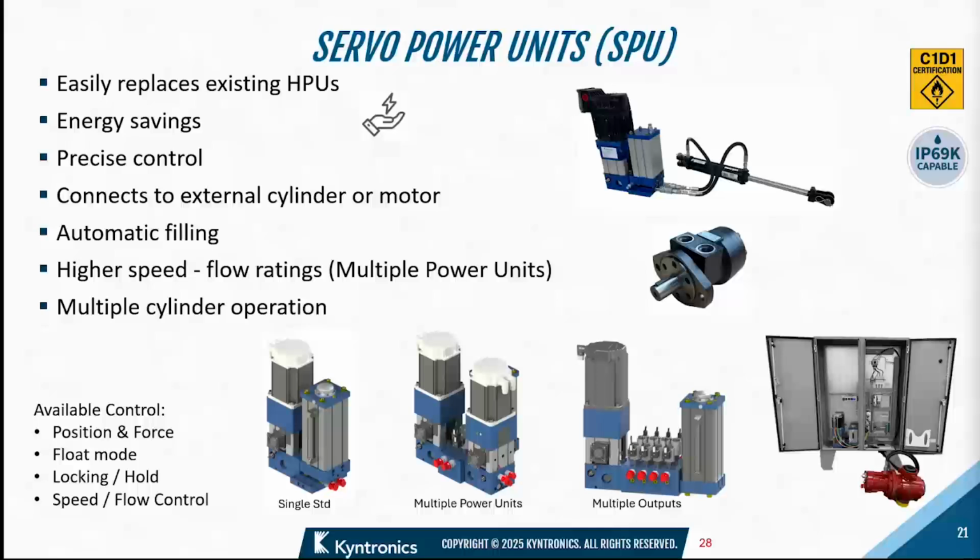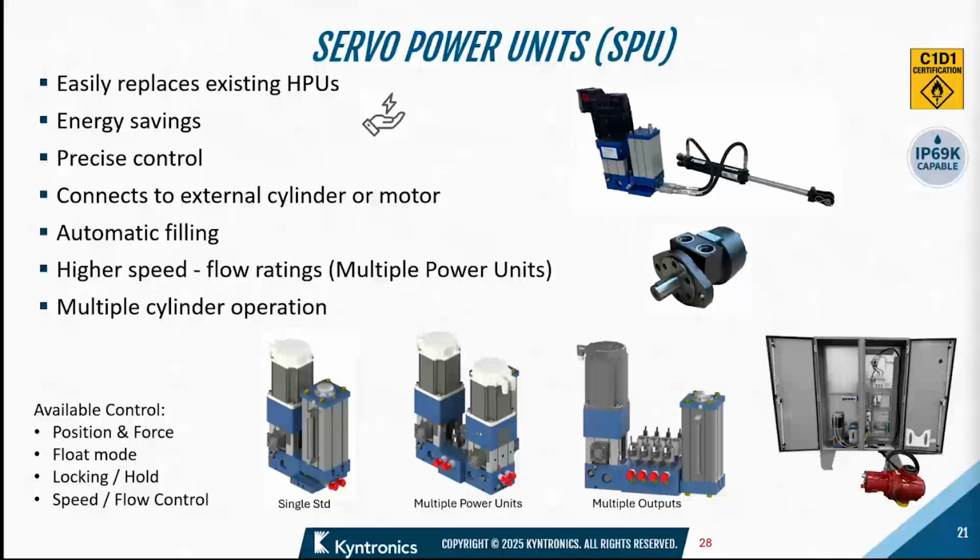But it's getting more and more popular. It's a very easy stepping stone. If there's a cylinder tucked into the machine, let's say a flaring machine or whatever that's out there, or your press, you can keep the cylinders, use the power unit, and have all those control capabilities that I mentioned.